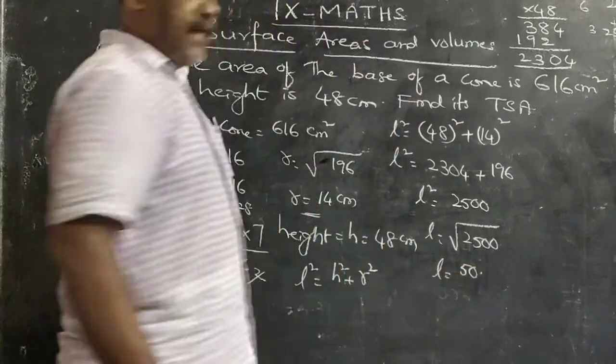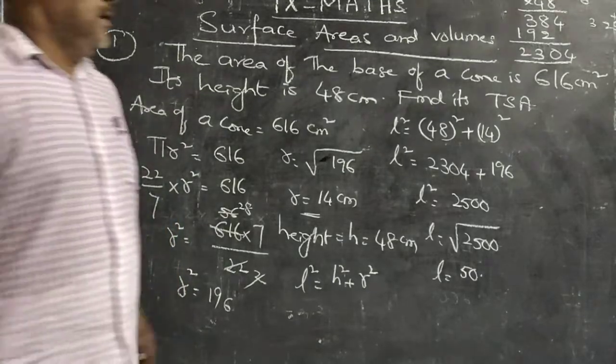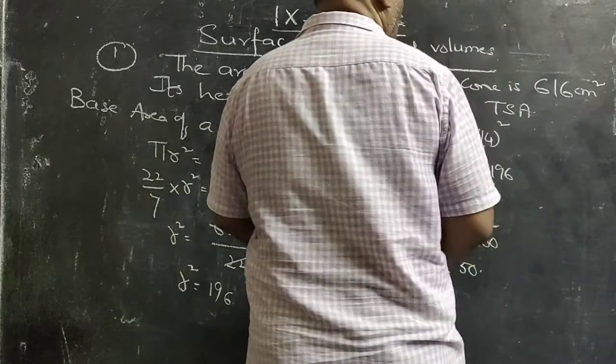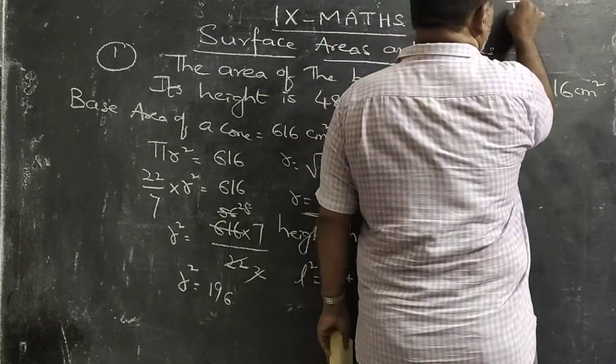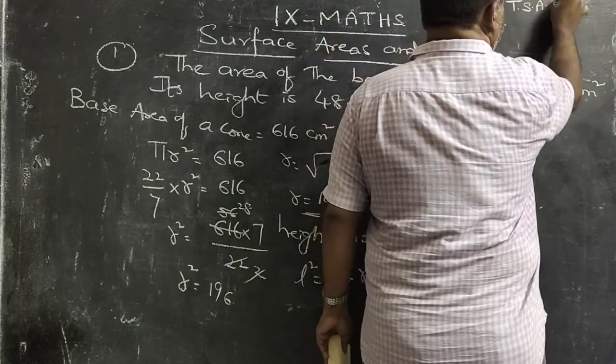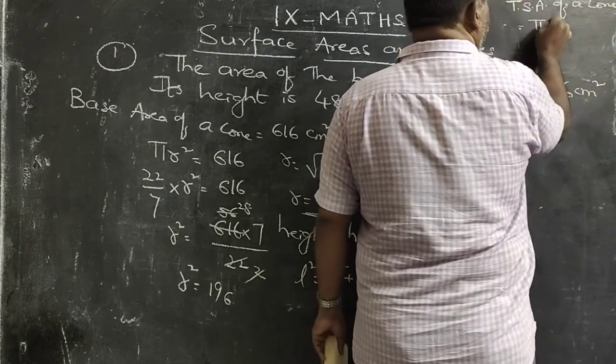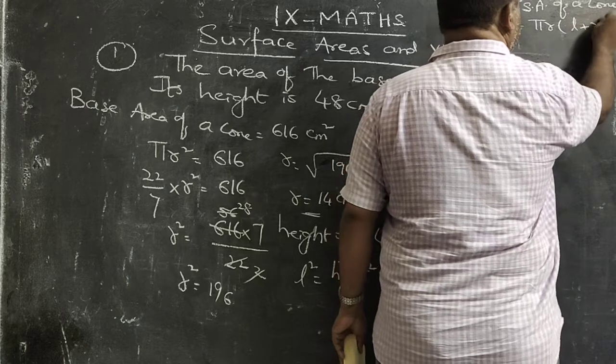So after getting the L value, now total surface area of a cone we have to find. Total surface area of a cone is equal to pi r into L plus r.